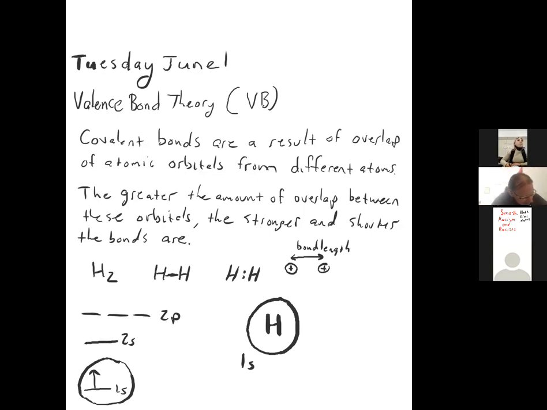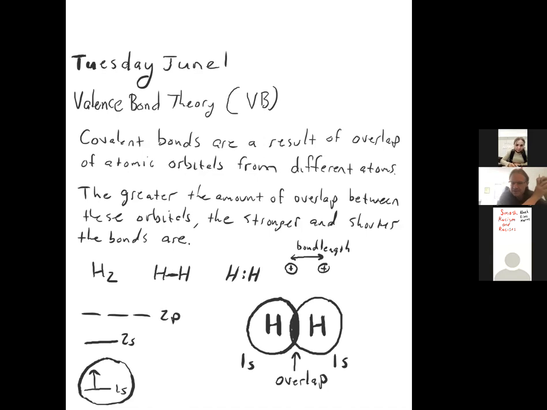What we'll claim is that the bond between 2 hydrogen atoms is what happens when these 2 1s orbitals overlap with each other. Okay, so here's the 1s. Let me move that H over a little bit. Here's the other hydrogen. And there's overlap between those 2 orbitals. This is called the region of overlap.